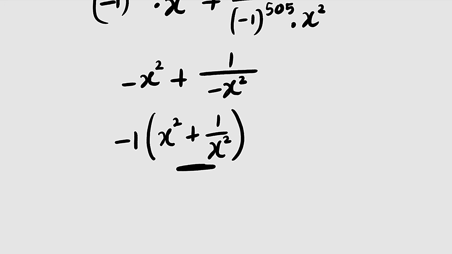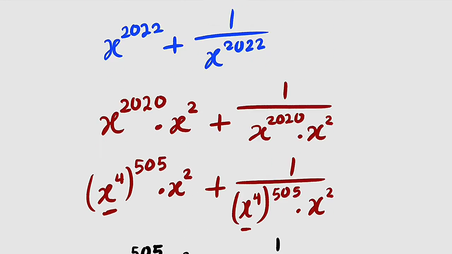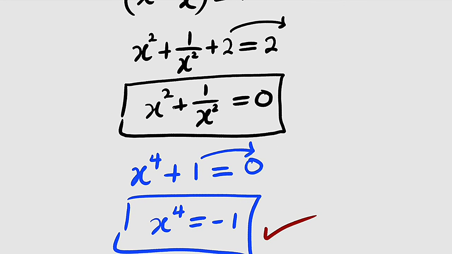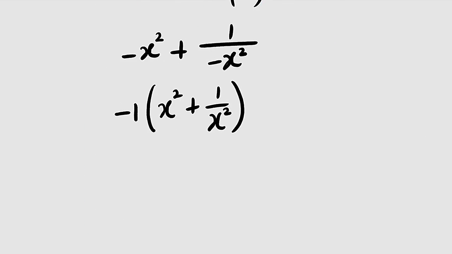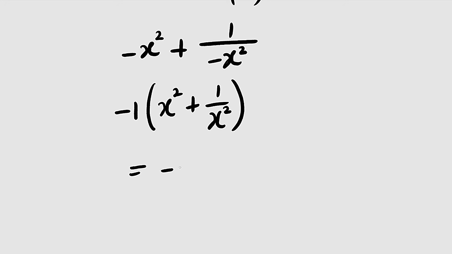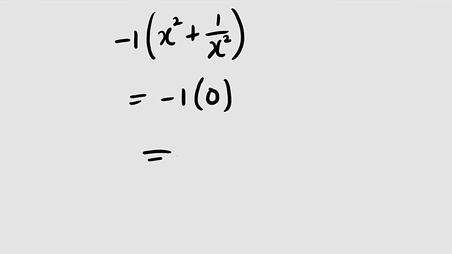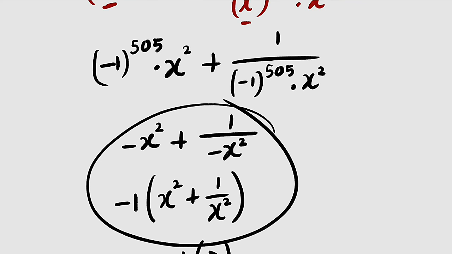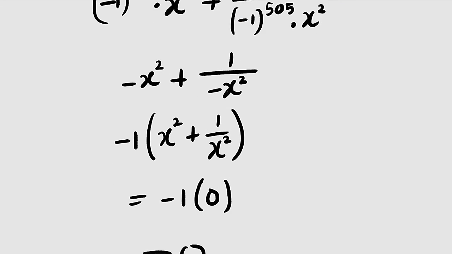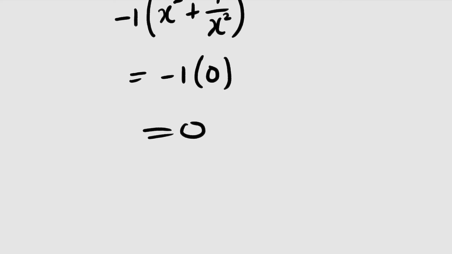But we have something like this previously. Remember, we have x squared plus 1 divided by x squared to be equal to 0. So the whole of that term, we have it as 0. So this is equal to negative 1 multiplied by 0, which is 0. Therefore, remember, the whole of this expression that we have simplified is nothing but x to the power of 2022 plus 1 divided by x to the power of 2022.